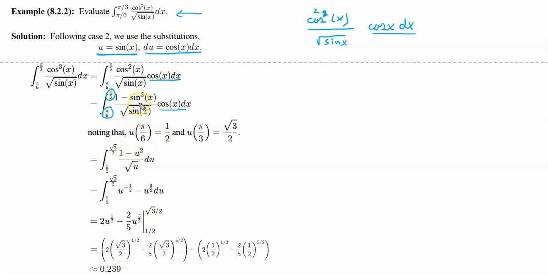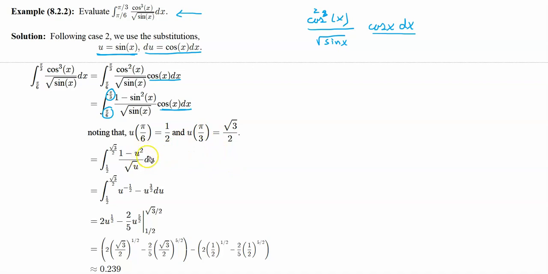Now, let's also note that what we get in the integrand here is 1 minus u squared, divided by the square root of u. See that? There it is, du. Okay, this part becomes du, right?